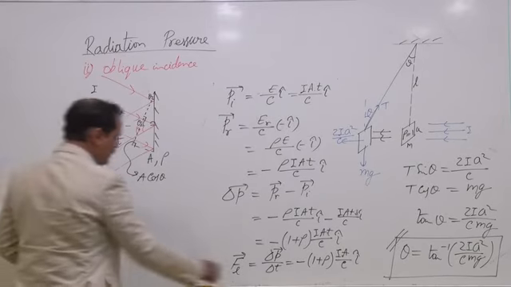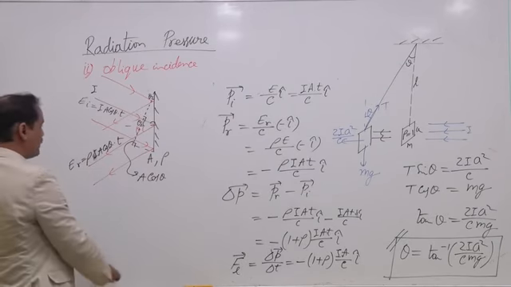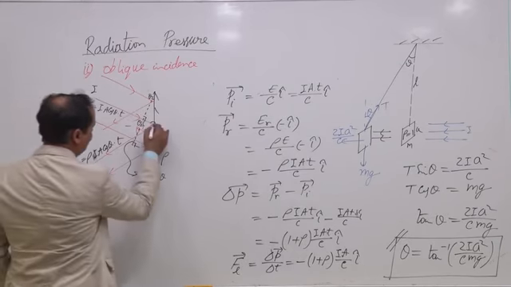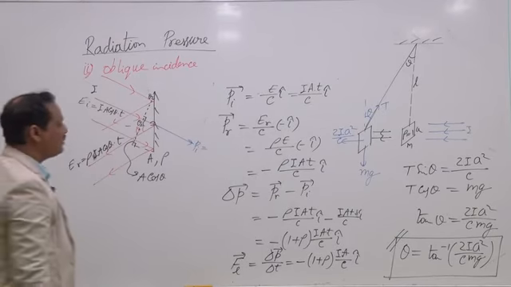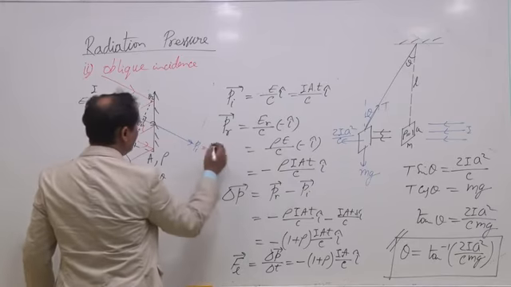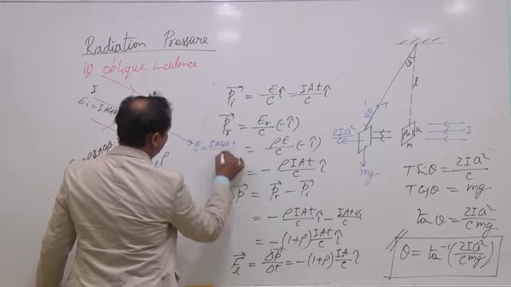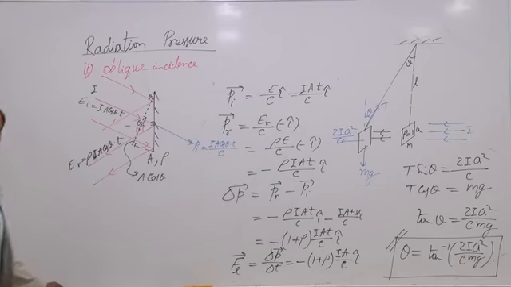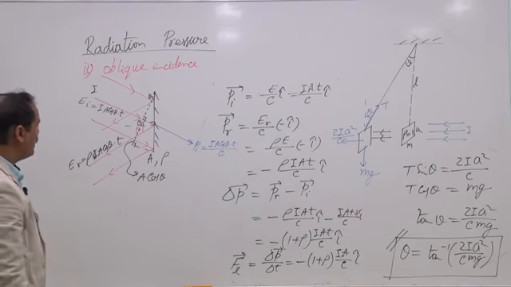Because of incident light, there is a momentum in the direction of incident light. That momentum P_I is E by C, that is I A cos theta T by C.